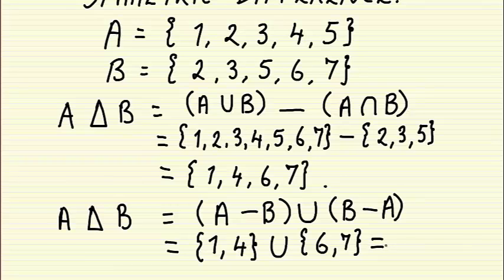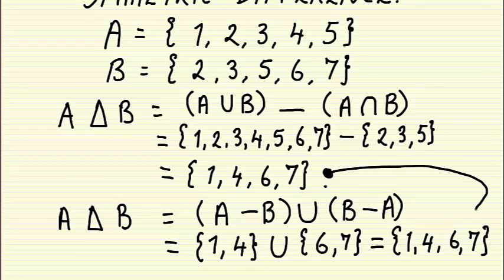And then we union those two sets together. The resultant set will be 1, 4, 6 and 7. Okay, and we can see that the first way we did it corresponds with the second way we did it.